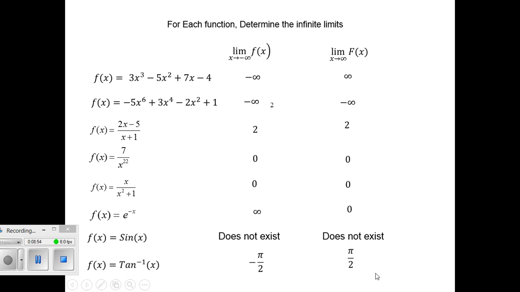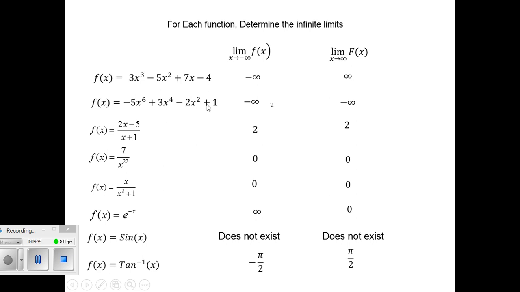We have another asymptote moving towards positive infinity, namely pi over 2. So therefore, for the function f of x equaling the inverse tan of x, the limit approaching negative infinity is negative pi over 2. The limit approaching positive infinity is pi over 2. There again, the question of the limit as x approaches infinity, either positively or negatively, is asking as to the end behavior of the function.